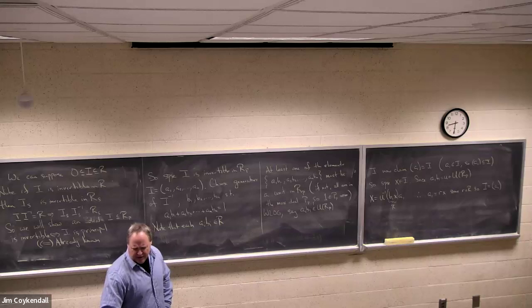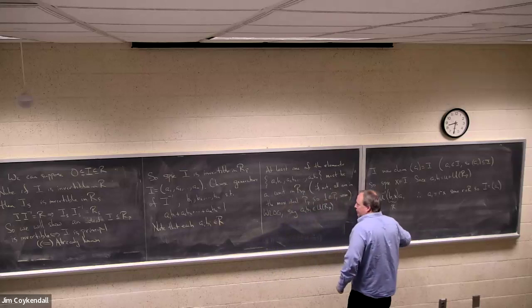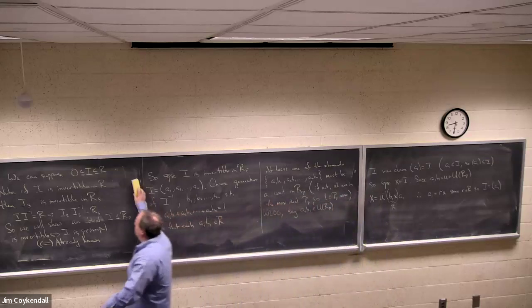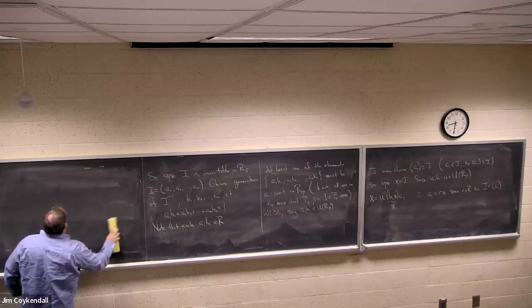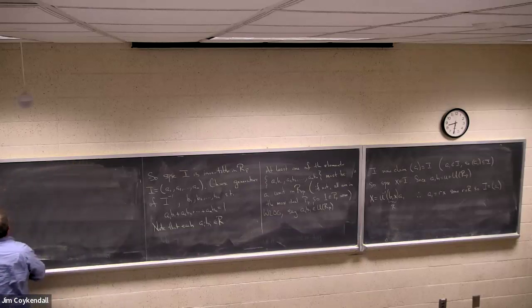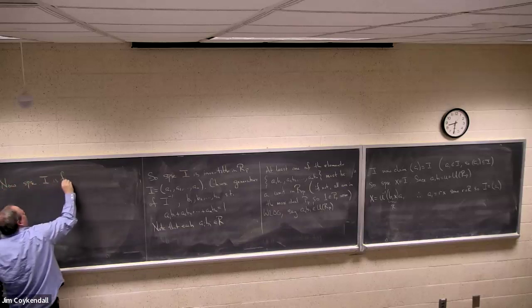So if it is invertible, then it's locally principal. And for the other direction, we have to assume finitely generated, and I'll illustrate that in a moment. For the other direction, now suppose I is finitely generated.